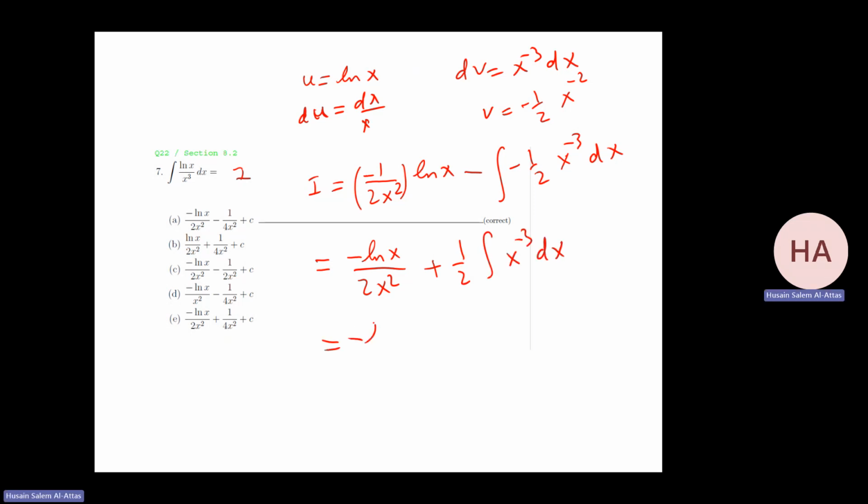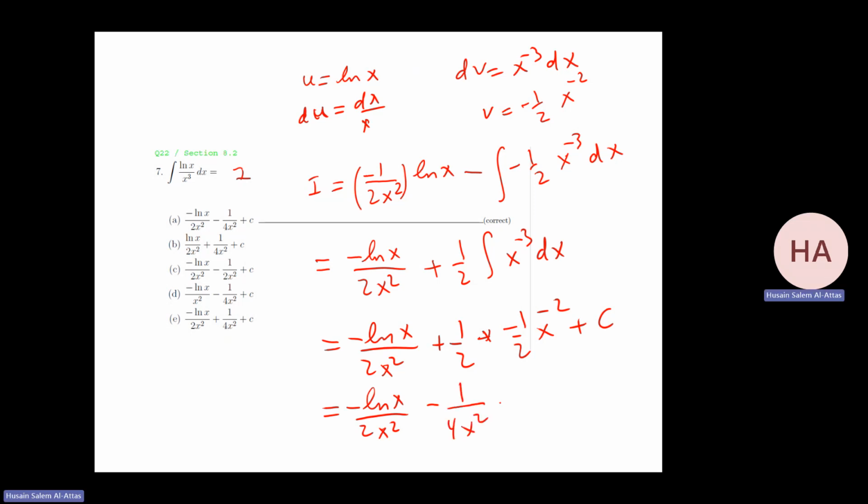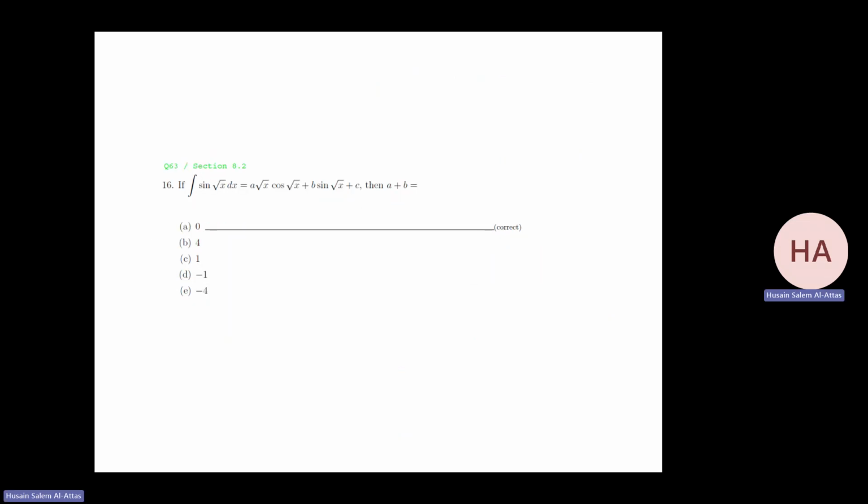And what's the integral of this? That will be minus half x to the power minus 2 plus c. So that gives me minus ln x over 2x squared minus 1 over 4x squared plus c. And that will be my answer. This is the last one.